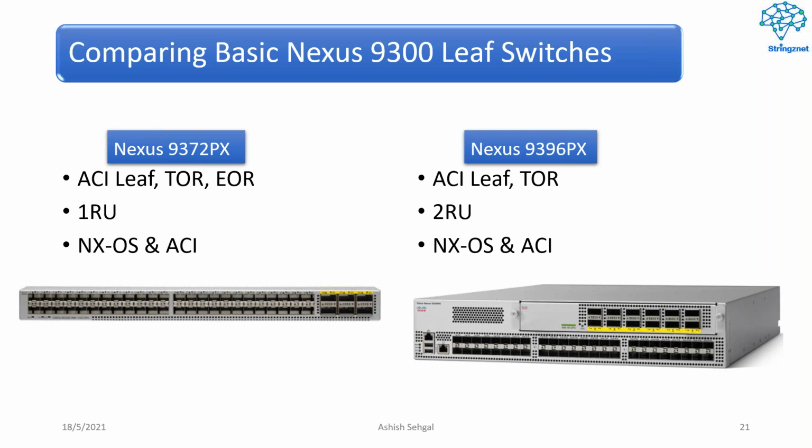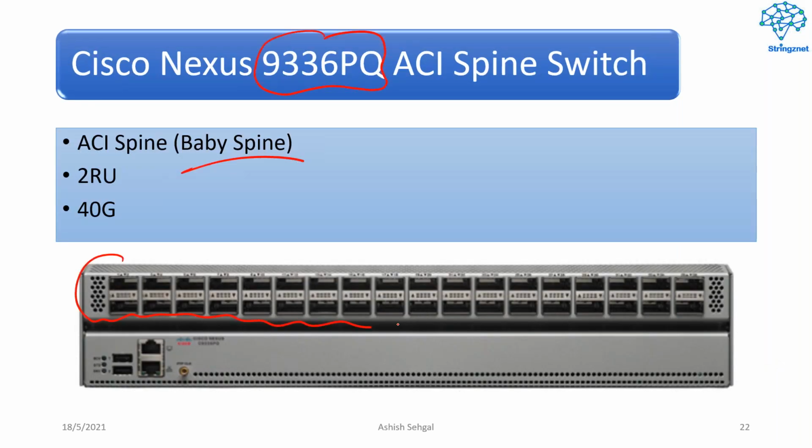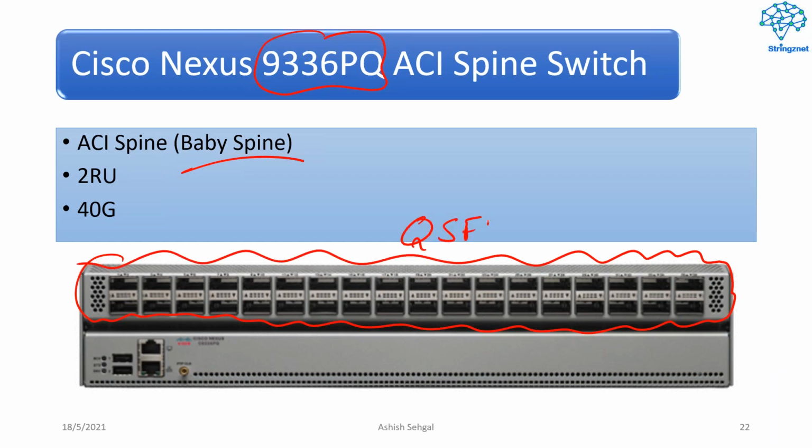Look at its interfaces. All the interfaces are called SFP plus interfaces. In our line card understanding, I will tell you how to decipher the name and what the meaning of the card is as well. All these interfaces are 40 gig interfaces, and they are meant to be connected to the bottom layer having leaf switches.